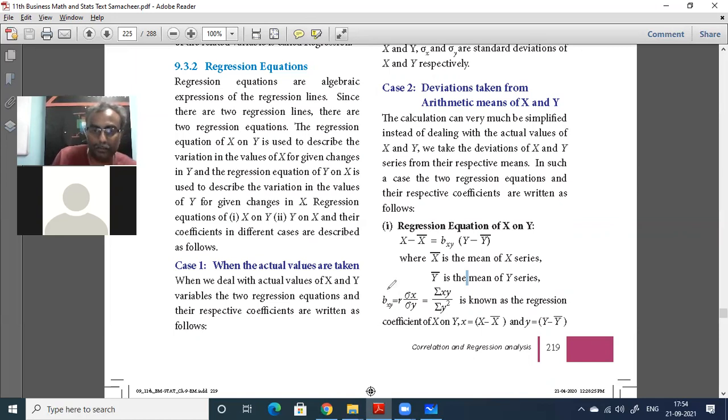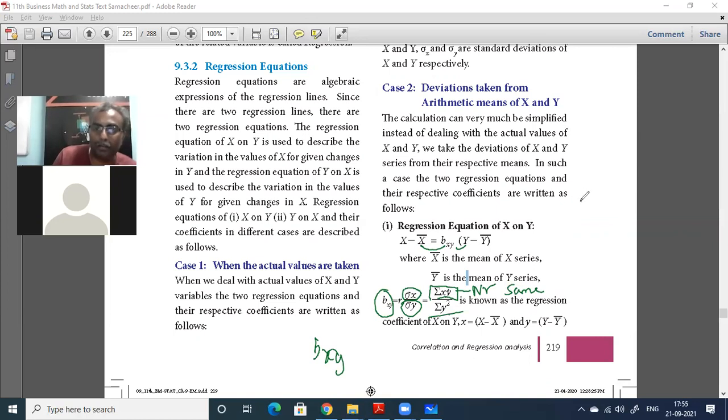See, b is x on y. Therefore, this numerator, sigma xy, is common and will always remain the same. The denominator will become y squared, as x is on y.